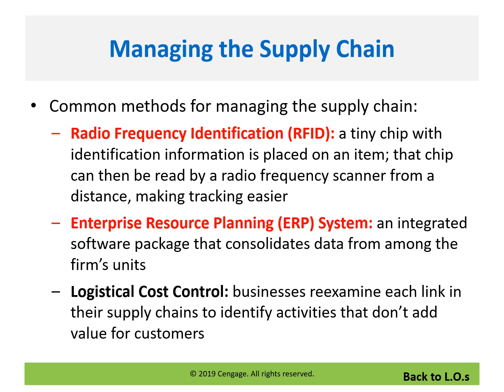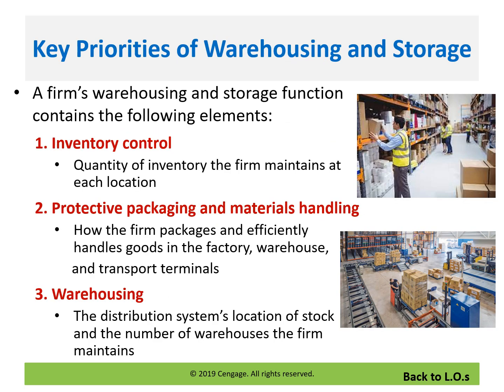Next is the Enterprise Resource Planning or ERP system. This is an integrated software package that consolidates data from among the firm's units. Logistical cost control. These are businesses which re-examine each link in their supply chains to identify activities that do not add value for customers.